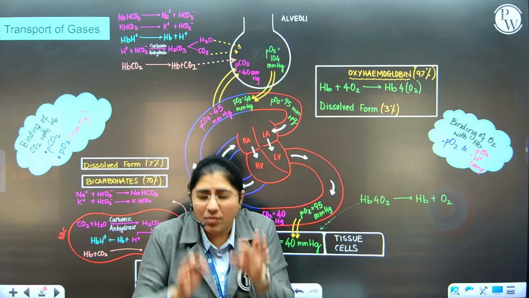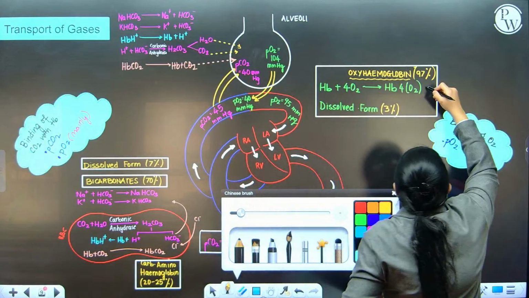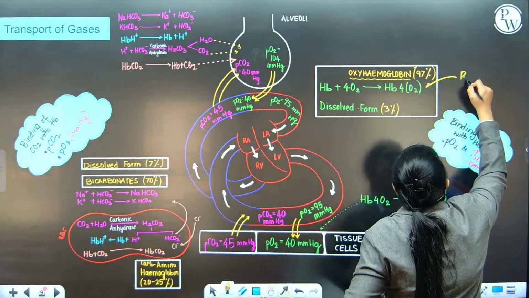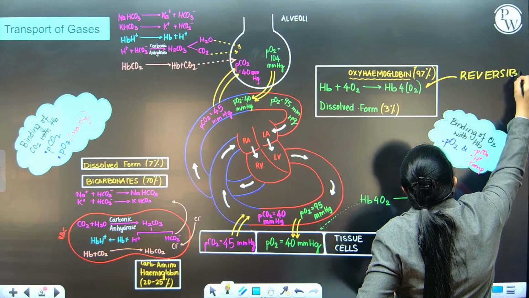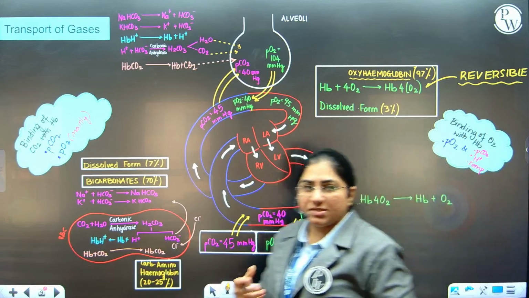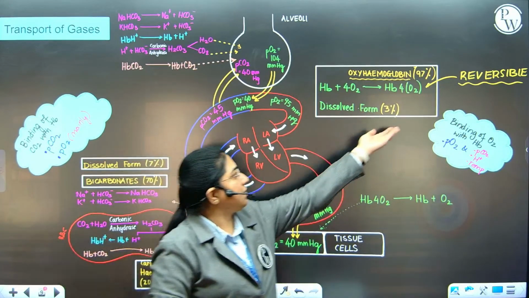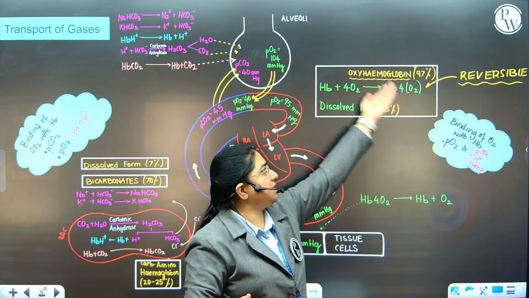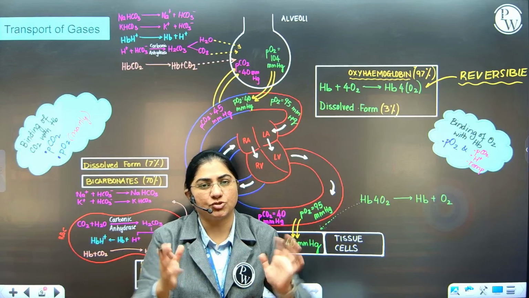Now remember, very, very important, I'll make a note for you all here. Now this binding is reversible. What do we mean by reversible? Reversible meaning that it can be easily broken down and it can go in the other direction, wherein oxyhemoglobin can be easily broken into hemoglobin and oxygen can dissociate from it.